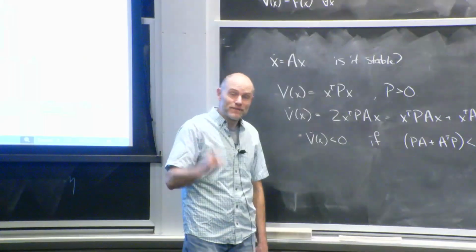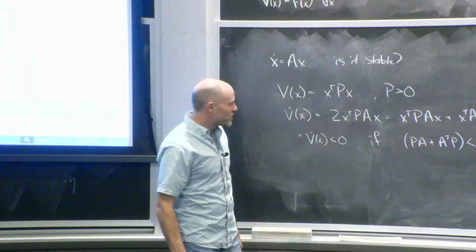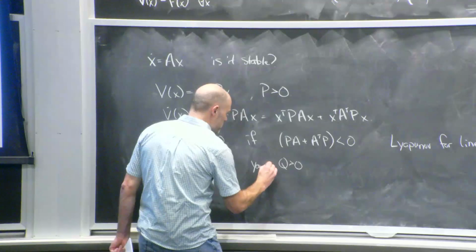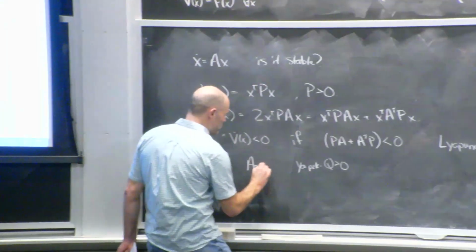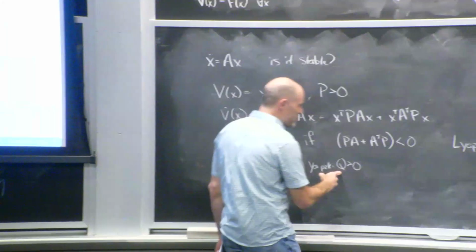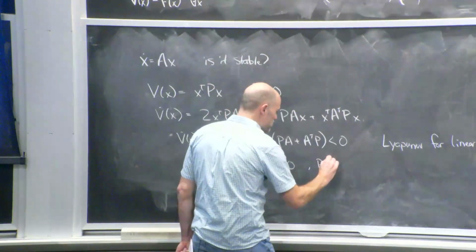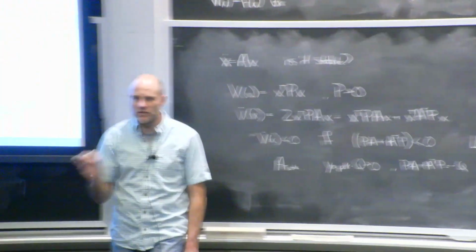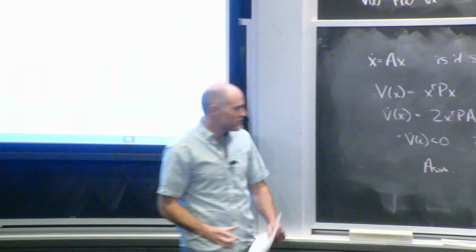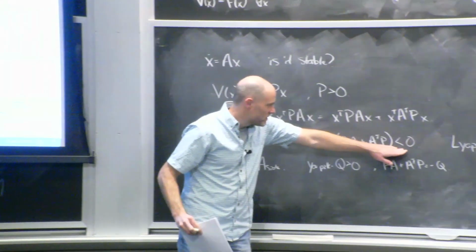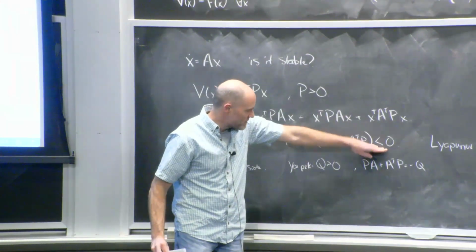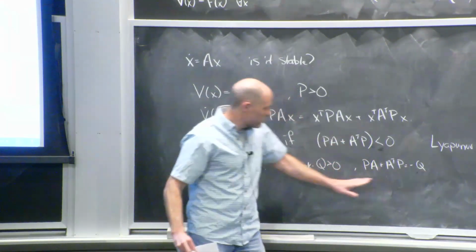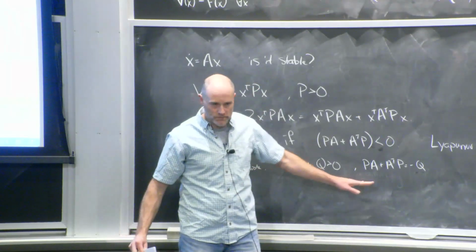If a system is stable, you can pick any Q greater than 0, and solve PA plus A transpose P equals negative Q, and you'll be able to find a P. So you can search over all P's that satisfy the condition, or you can just pick one by choosing some Q. That's a nice extra property we have for linear systems that we don't have in general.